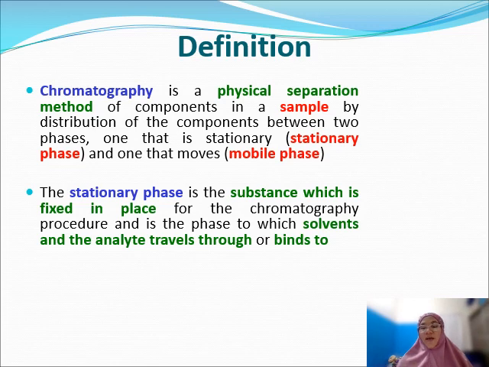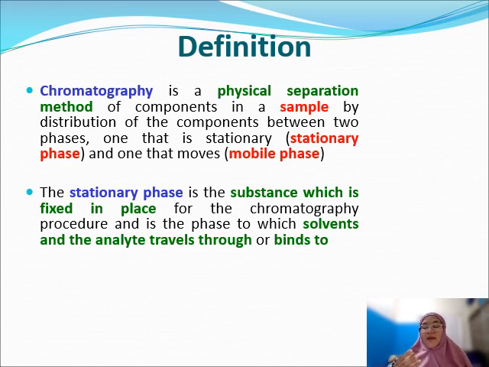your mixture or extract. Okay, the stationary phase is the substance di mana dia fix in place for the chromatography procedure, and this phase is where the solvent and the analyte will travel through or bind to. Biasanya benda yang the mobile phases akan go through it lah, that will be the stationary phase.